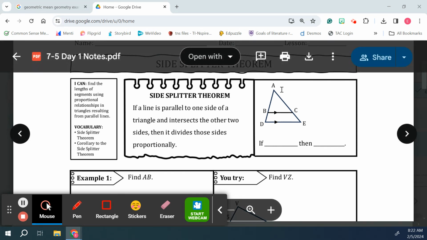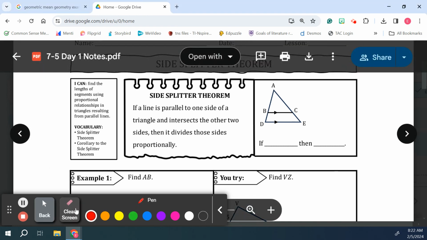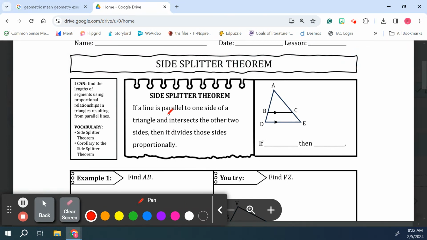All right, so in this case, we have pretty much three triangles here. This proportional relationship exists if, in this case, BC is parallel to DE.